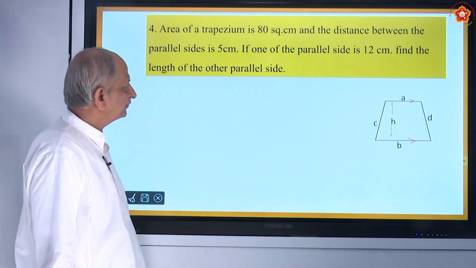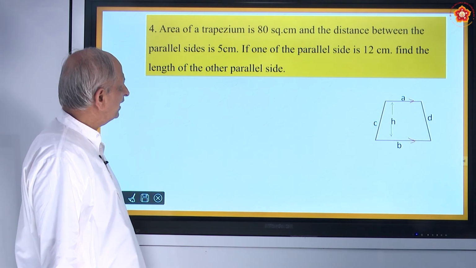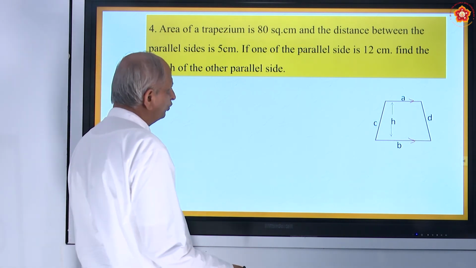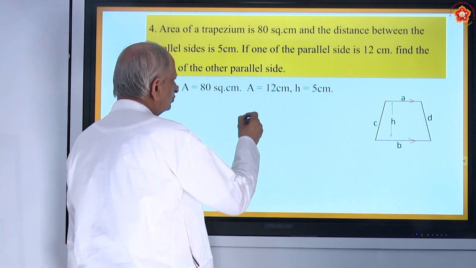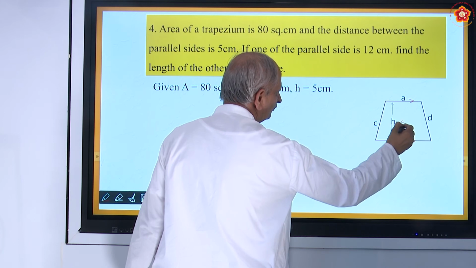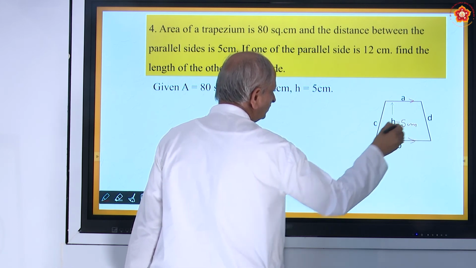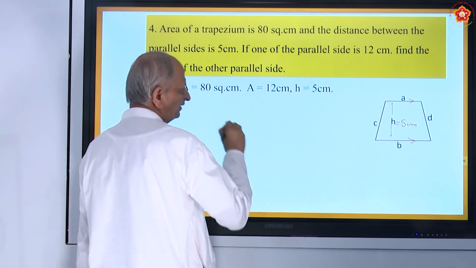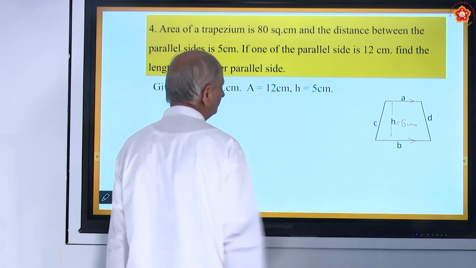So here you are given that area is 80, and the distance between them is 5. So h is 5. Total area is 80.